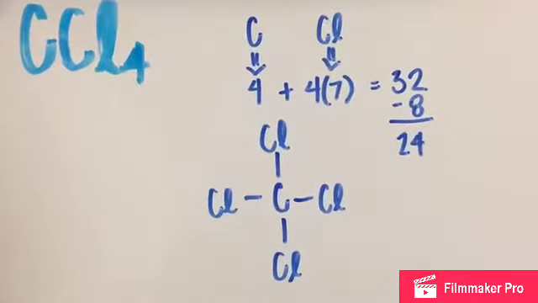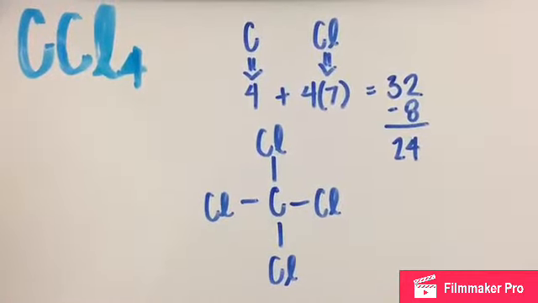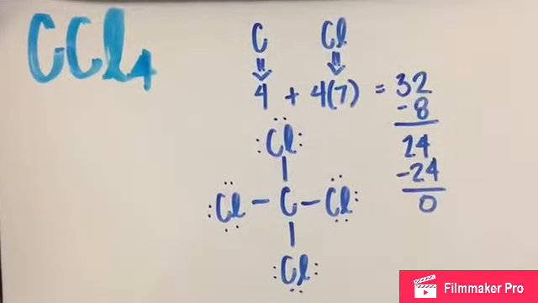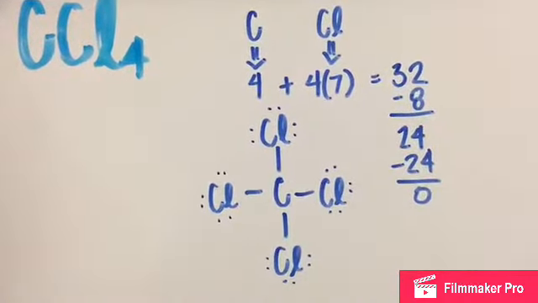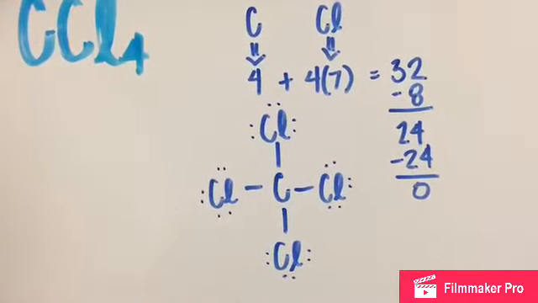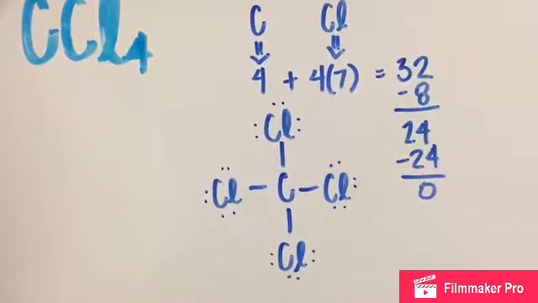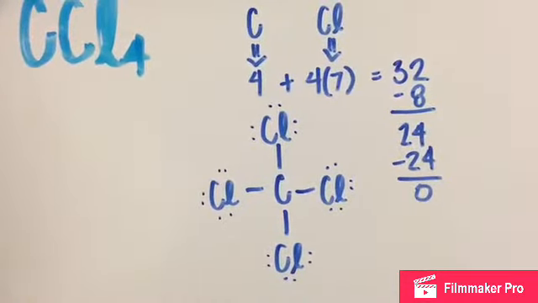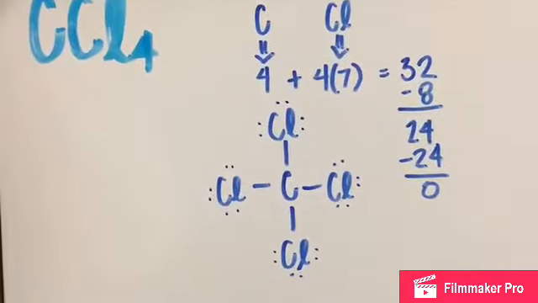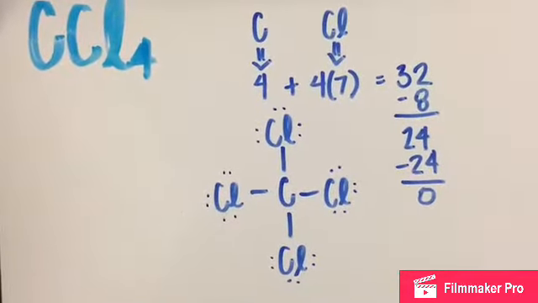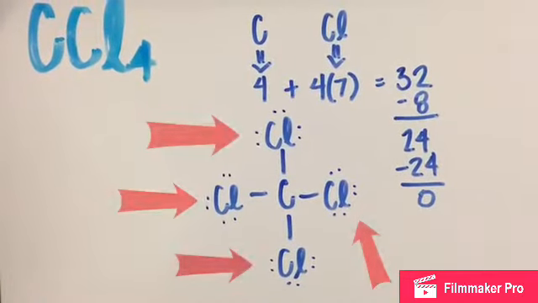Now we are going to place electrons on the outside atoms to create full octets. So after placing the electrons on the outside atoms, we use 24 electrons. So we have 0 electrons left over, and the carbon atom has a full octet.